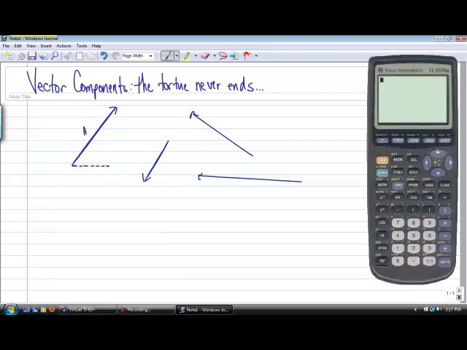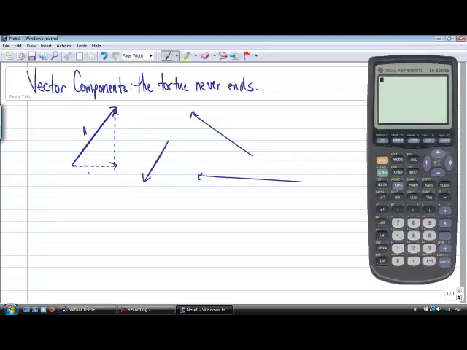I'm just going to draw those two legs in. Then we'll talk about what they mean in a moment. What we're basically doing is the opposite of what we did before. So if A is our vector, then we have two legs that made up that vector. We would have an x component and a y component.